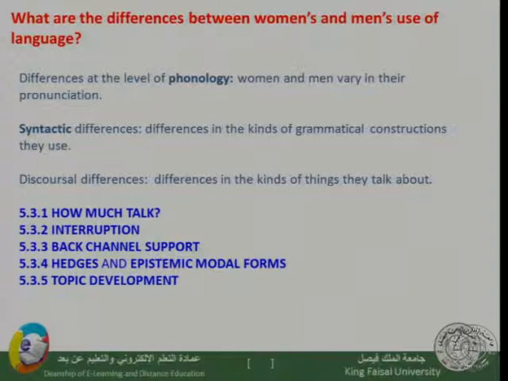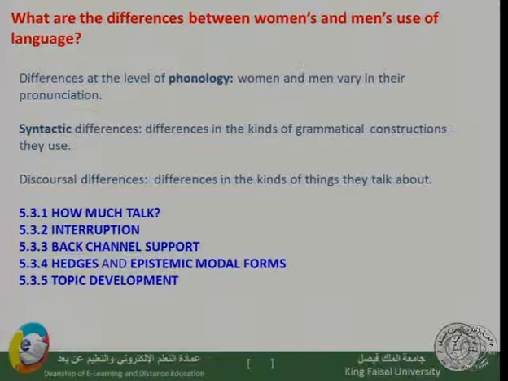Women's and men's ways of talking are different in phonology. Women and men vary in their pronunciation. Men pronounce words in a different way than women do. There is also the syntactic difference, where there are differences in the kinds of grammatical constructions that men and women use.